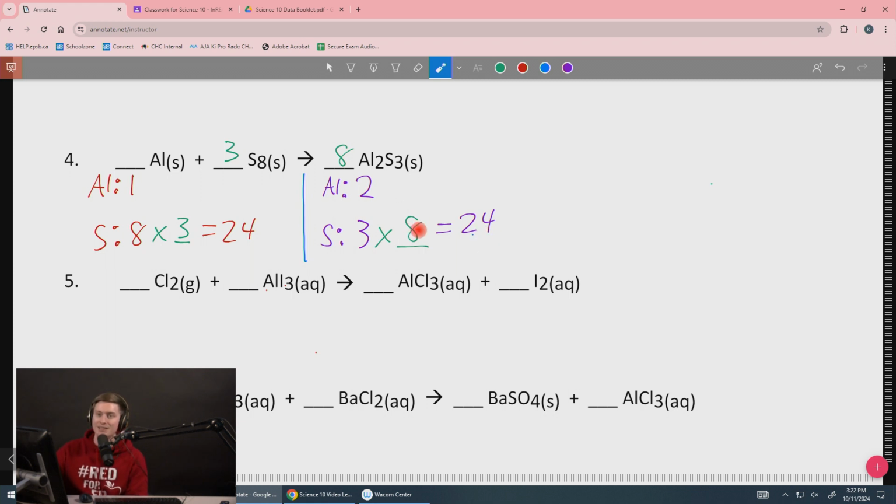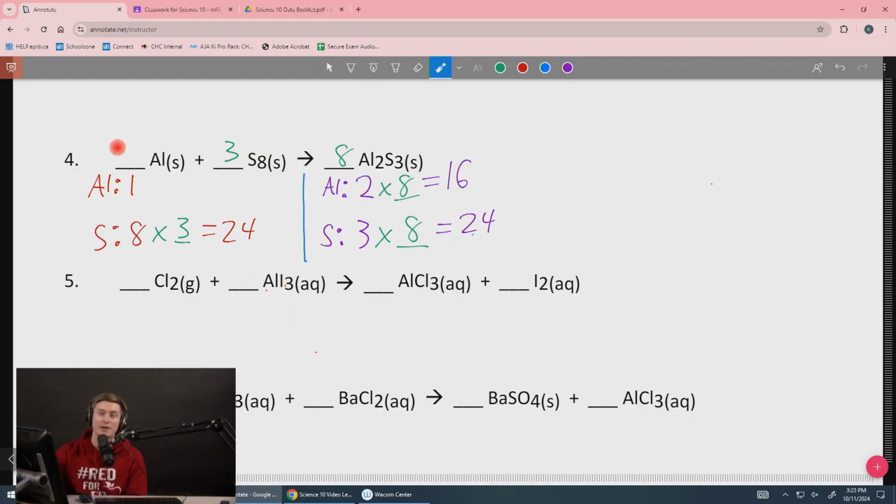This 8 doesn't just multiply the sulfur though, because the sulfur and the aluminum are stuck together. So I must also multiply my 2 aluminums by 8 to bring me to 16 aluminums total.